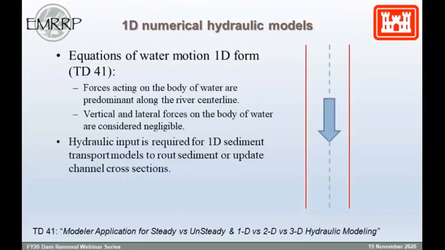Before I start talking about sediment, I just want to bring up some basic concepts about the equations of water motion in one-dimensional form. It is assumed that forces acting on the body of water are predominant along the river's center line, and vertical or lateral forces on the body of water are considered negligible. This is an assumption that is used for 1D modeling.